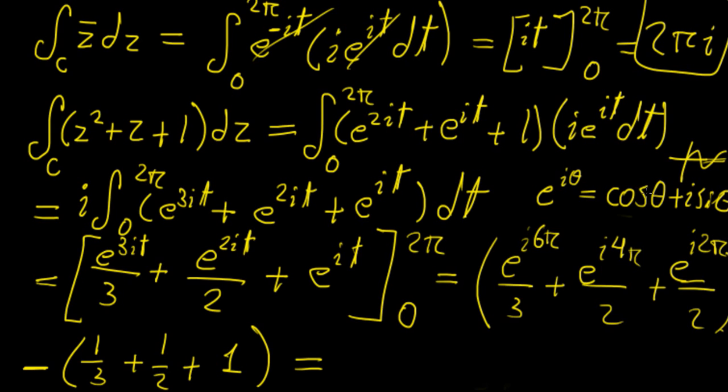And then for the cosine terms, we're going to have a 1, but because all of these are even multiples, we're going to get a plus 1. So this is going to be 1 over 3, this is going to be 1 over 2, and this is going to be 1, because that's just divided by nothing. So in the end, we're going to get 1 over 3 plus 1 over 2 plus 1 minus the same thing, which is going to give us 0. So the integral of this along that curve, which is the unit circle, is going to give us 0.